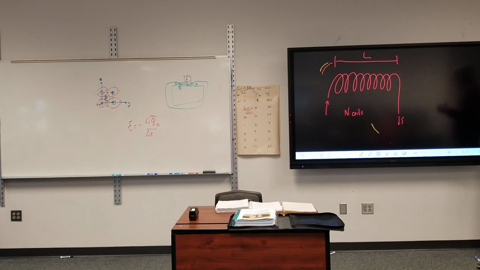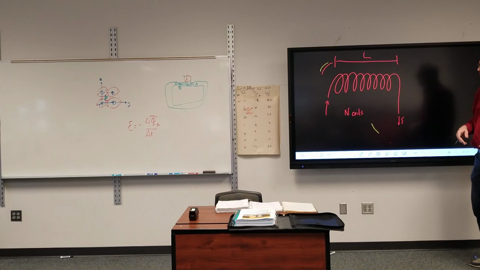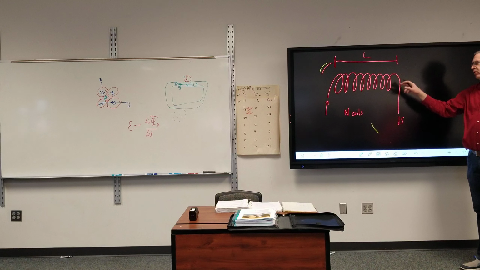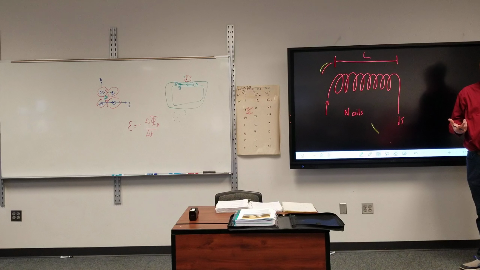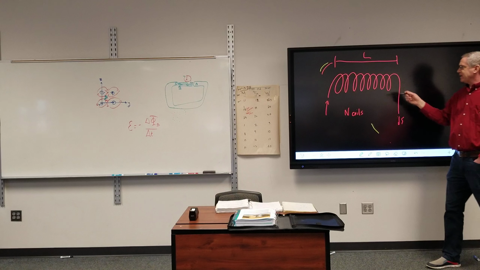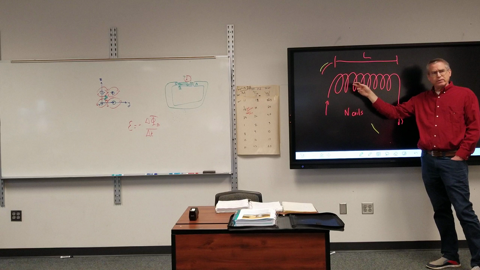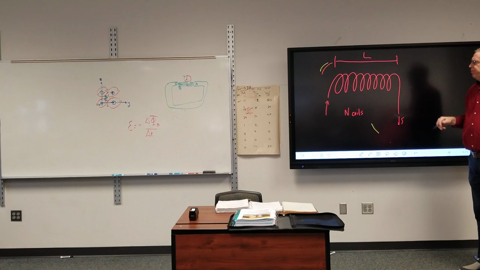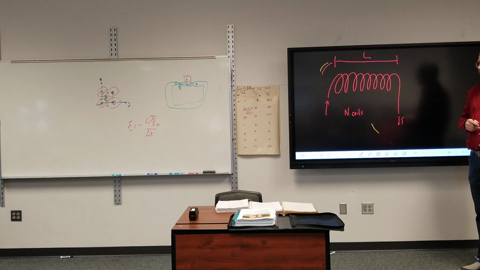It's been plugged in, we've walked away, we come back, it's still going strong. My current flowing through it is constant. I have a magnetic flux that's going through the wire here, but it's a constant magnetic flux because my current is constant.